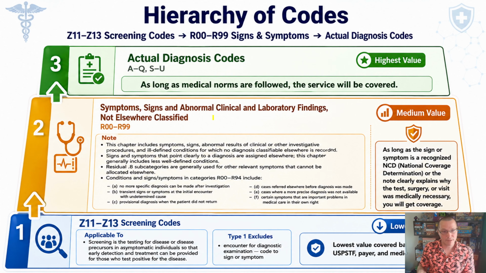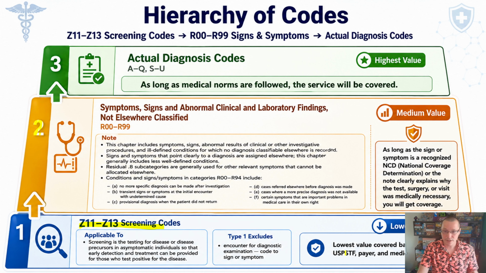So how the family and hierarchy works, how I wanted to teach it, is like this. There's a hierarchy to codes. We can only have one code from one single family, and you're going to pick the code of the highest value only. So we're going to use a Z11, Z13 screening code only. These are generally actually the lowest value codes.